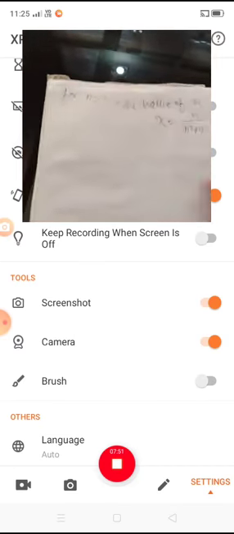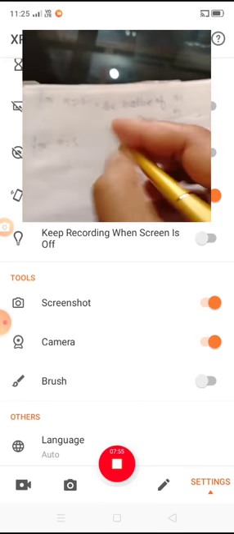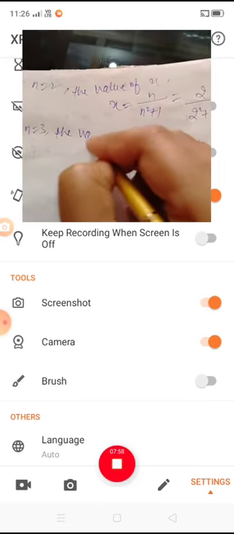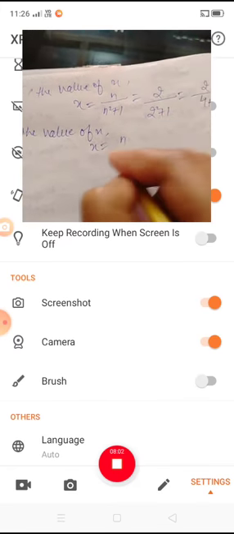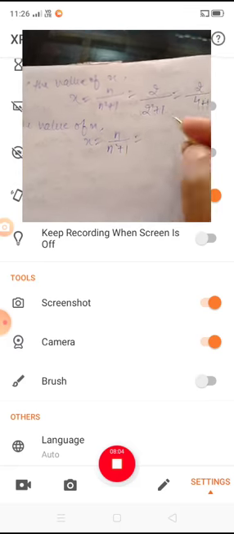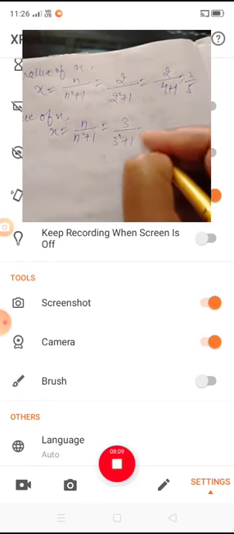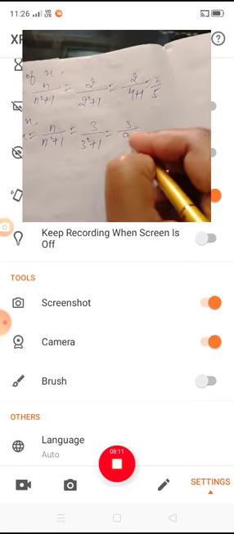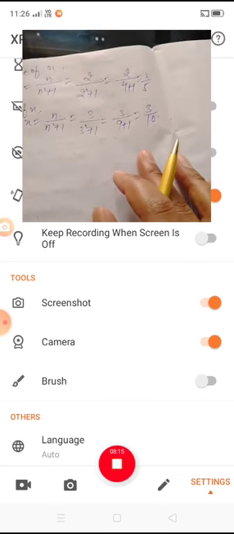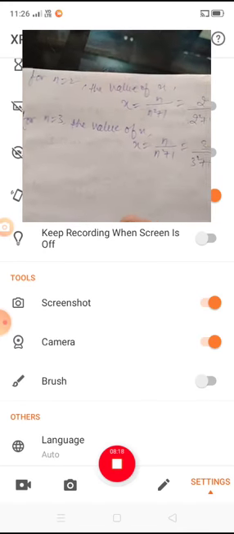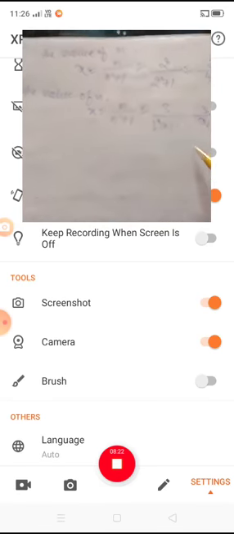Now for n equal to 3, x is 3 upon 3 square plus 1, that is 3 upon 9 plus 1, that is 3 by 10. So we have all the values for n equal to 1, 2 and 3.